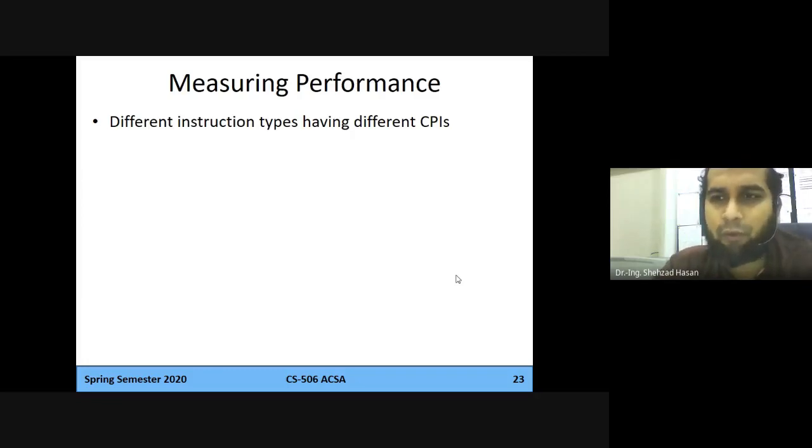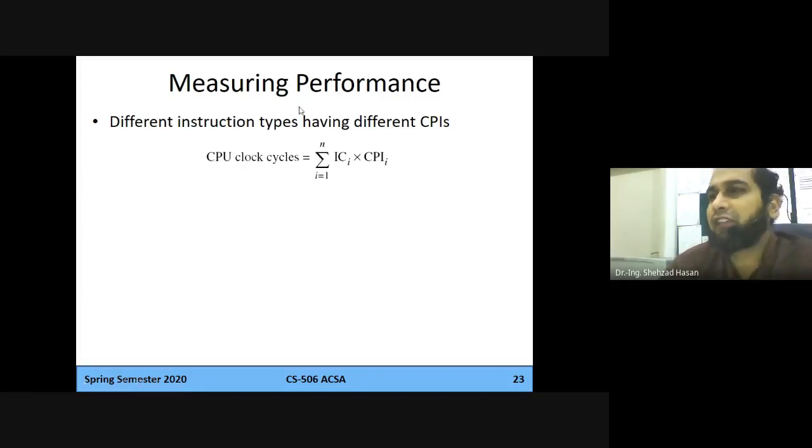So what we can do is divide our program into different classes of instructions. What could the classes be? For example, all the arithmetic instructions can be in one class, the load instructions in another, the store instructions in another, and the branch instructions in another. This is how we can separate them into classes, such that each class has a single CPI.